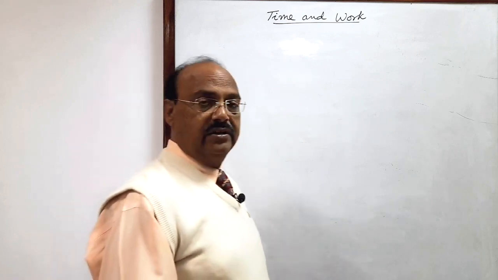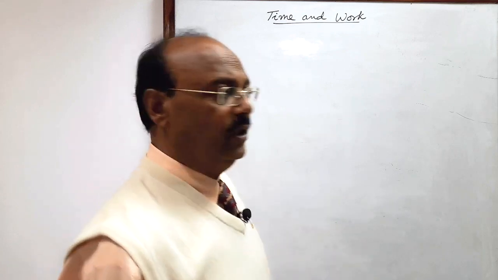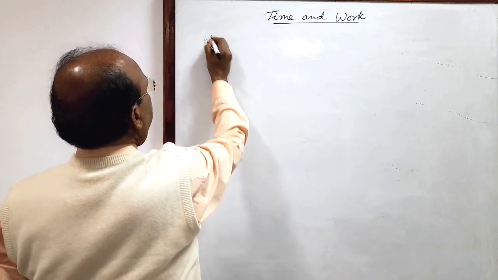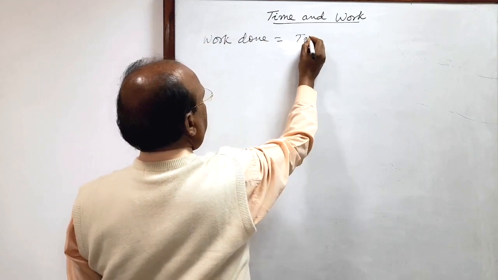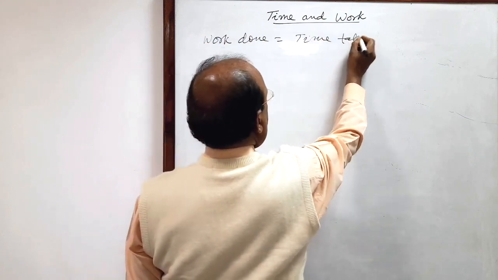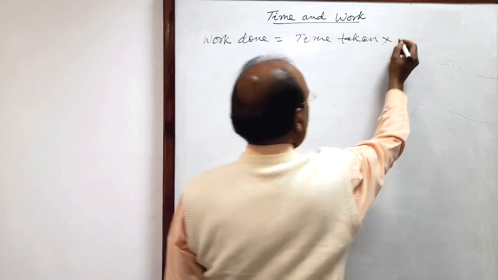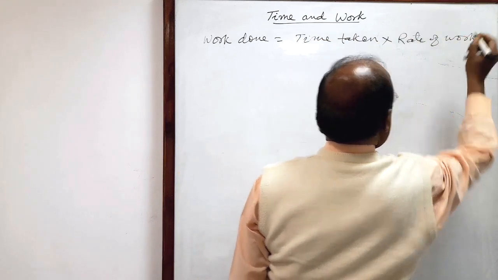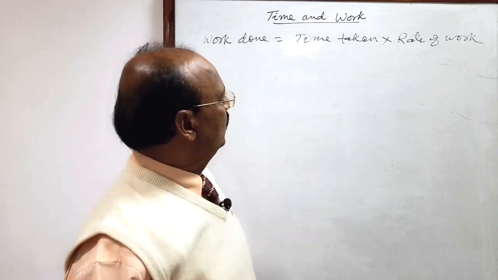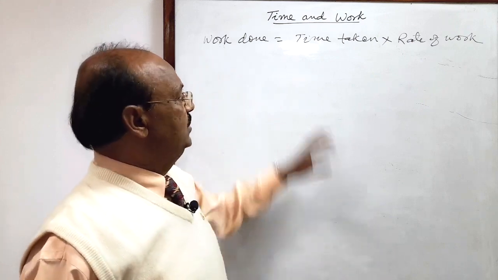So let us start this chapter with a very important formula. Formula is: work done is equal to time taken into rate of work. This is a very basic formula of this chapter.